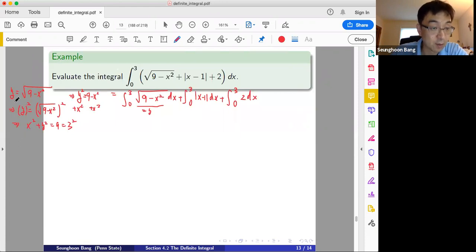But y is just a positive number, so we can choose only the semicircle, the top one. So the graph is like this: a semicircle, only the top one, radius is 3.